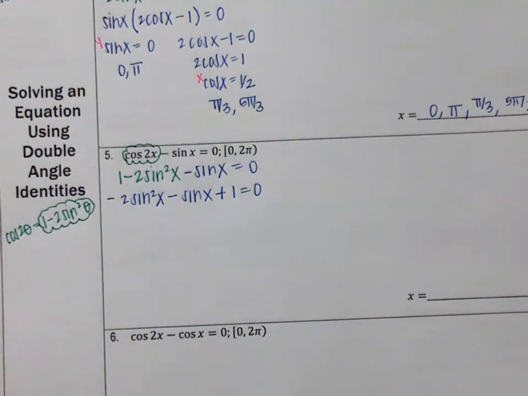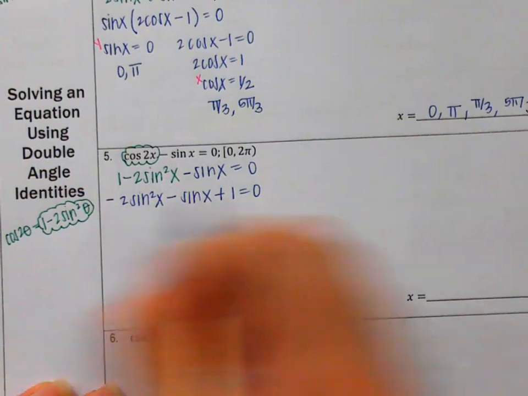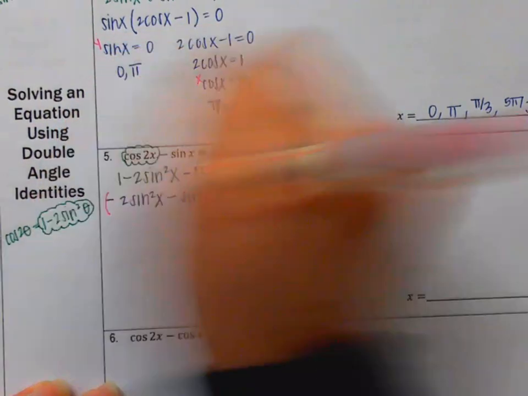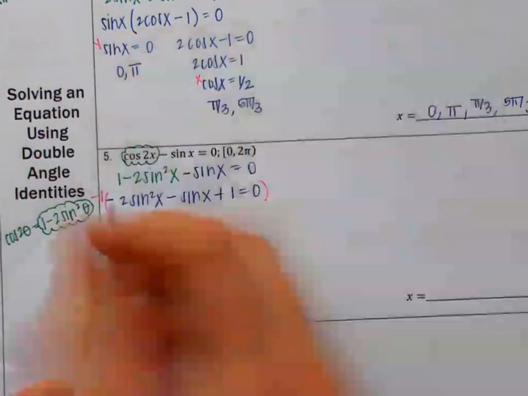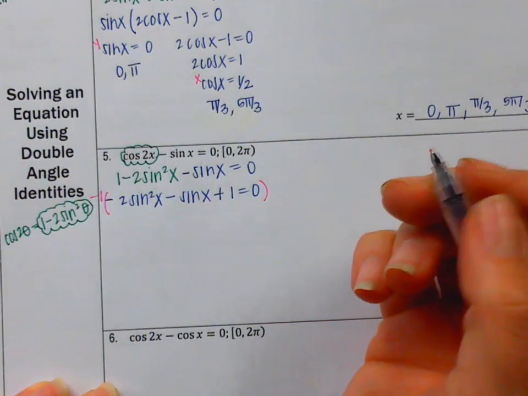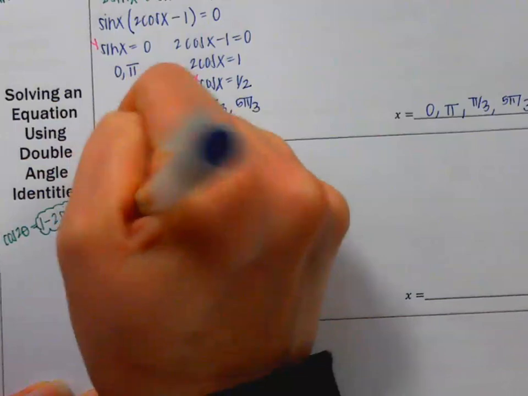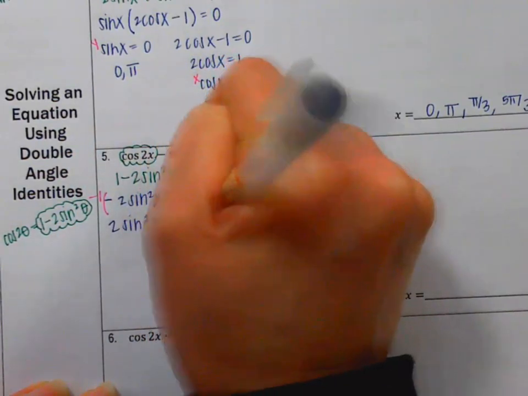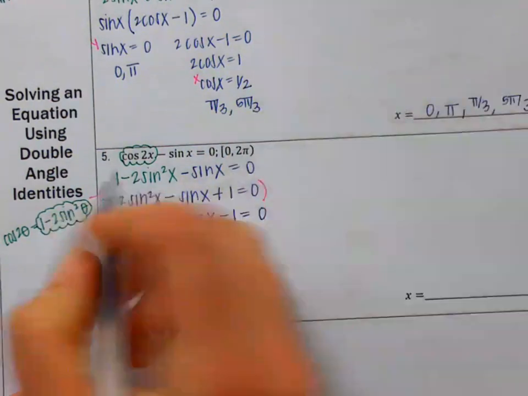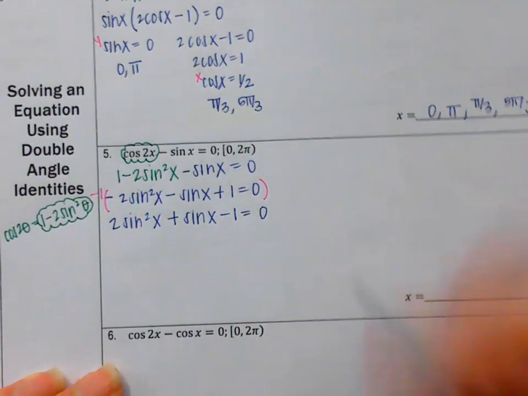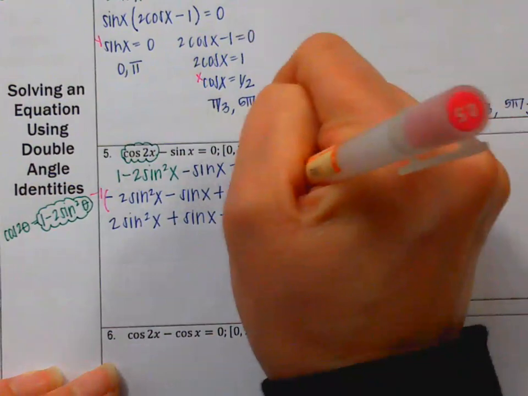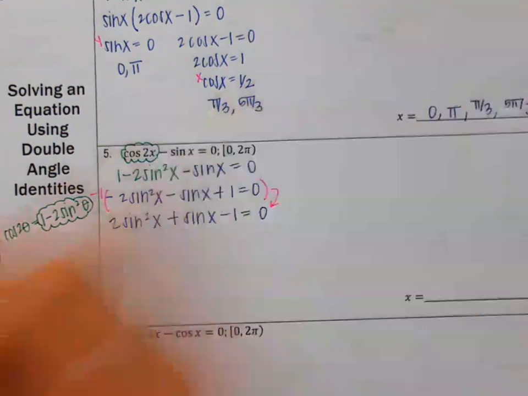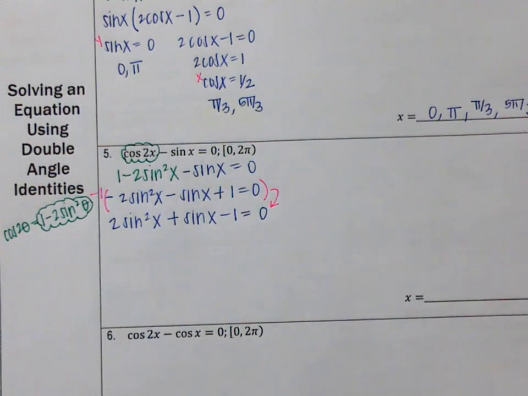So what I would do is multiply everything through by a negative 1 so that this term is positive. So that would get me positive 2 sine squared x plus sine x minus 1 equals 0, because negative 1 times 0 is still 0. So we multiplied everything by a negative 1 because we wanted the squared term to be positive.